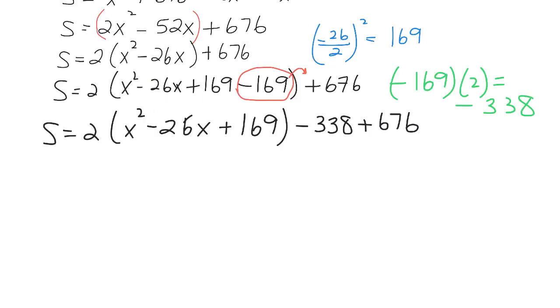So negative 338 is going to now be found on the outside of the bracket. We're now going to collect like terms by putting together negative 338 plus 676. So we'll recopy the front end of our equation.